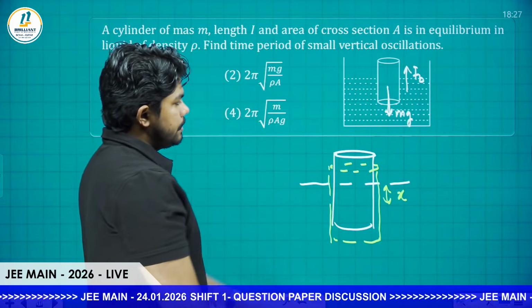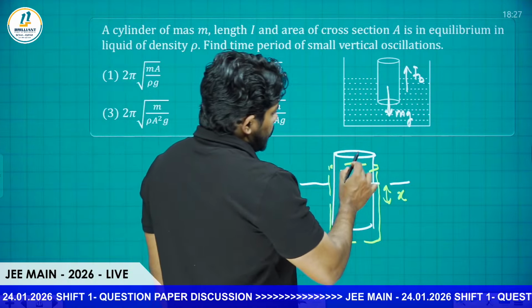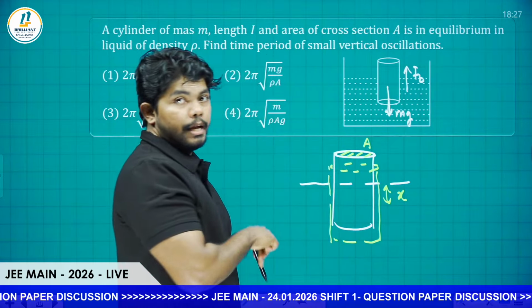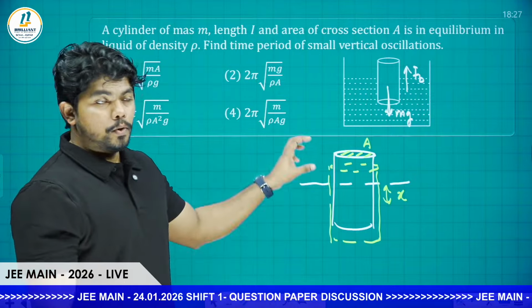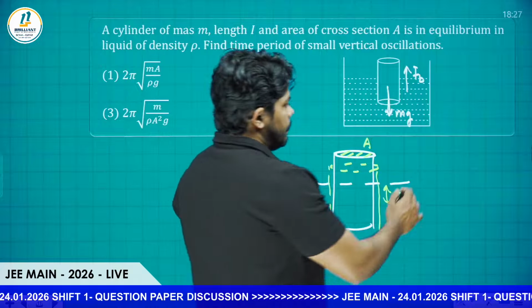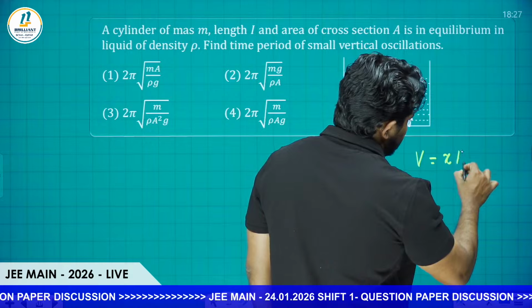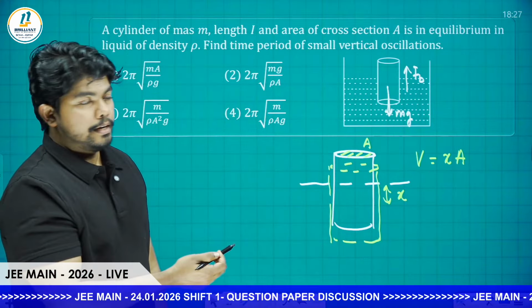Okay, x be the distance the cylinder is displaced. We know that the area of the cylinder is A, right? So what is the volume of that particular displacement of that cylinder? What is the volume of liquid that has to be pushed? So the elementary volume will be equal to x times A, the distance times the area, right?